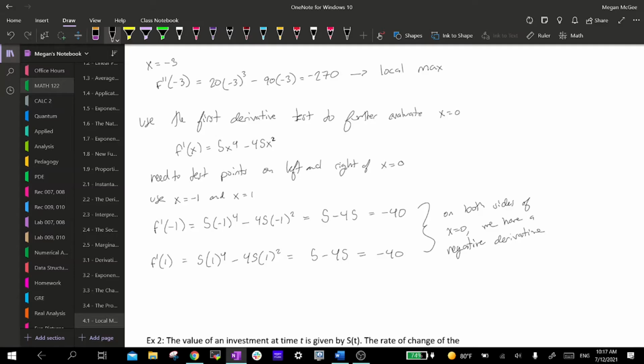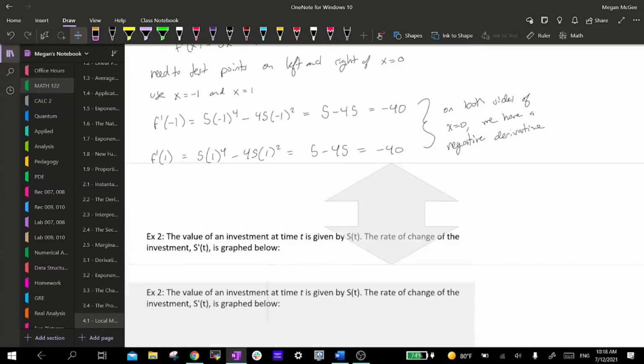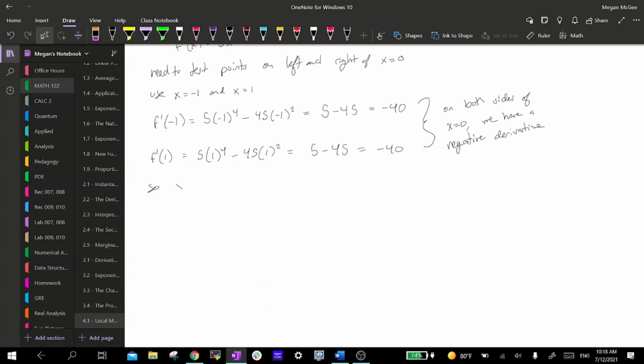This means that although our derivative went to 0 at the critical point, it didn't change and go positive. So it kept going down. All right? So this means that it is not a local max or a local min. So it is neither. So x is equal to 0 is neither a local max or min.